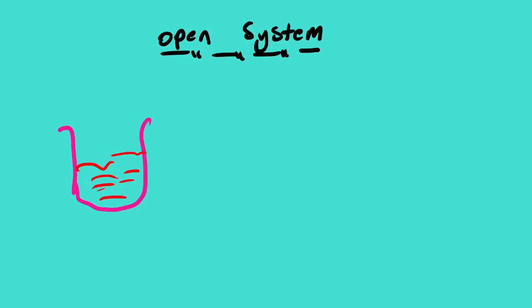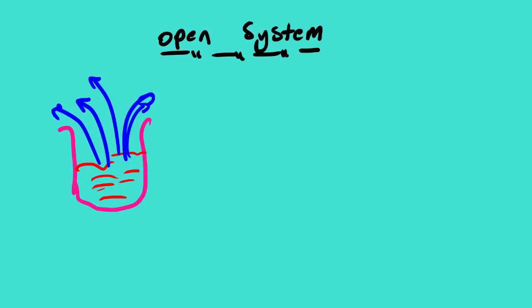Since it is open, the contents inside this container can escape in the form of a gas phase or in the form of a liquid phase. As long as the contents inside a container can escape, we refer to this as an open chemical system.